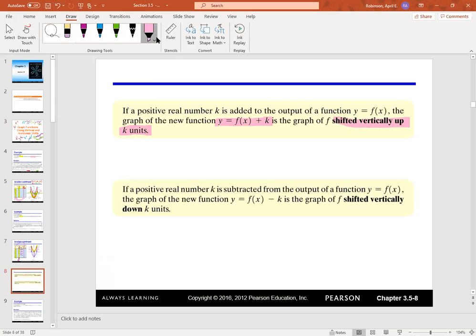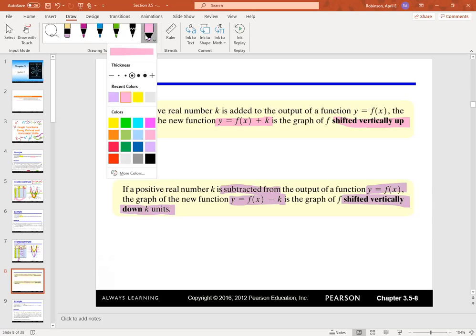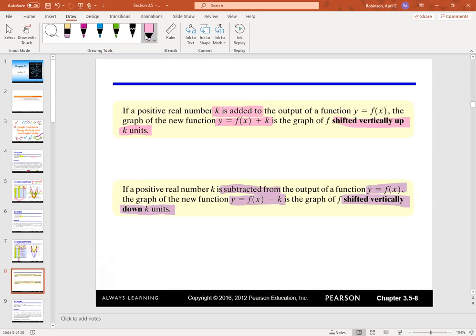And then same thing for the next one, except it's saying for y equals f of x, if a positive real number k is subtracted from the output of y equals f of x, then the new function, y equals f of x minus k, is shifted vertically down k units. Forgot to highlight added up here. k is added, and down here k is subtracted.